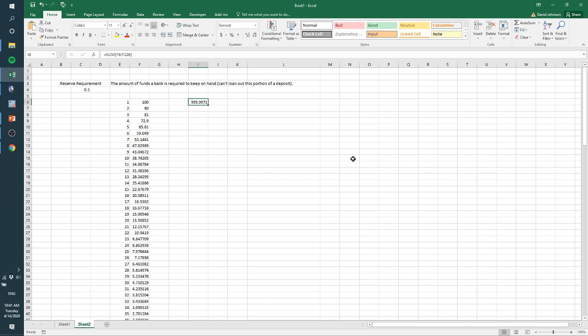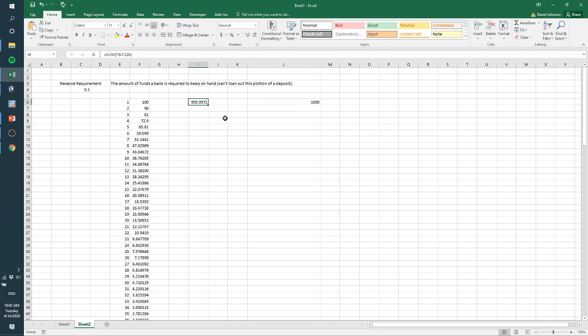And so in this case, an initial $100 deposit and a reserve requirement of 10% is going to create $1,000.